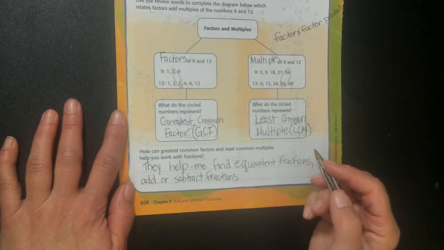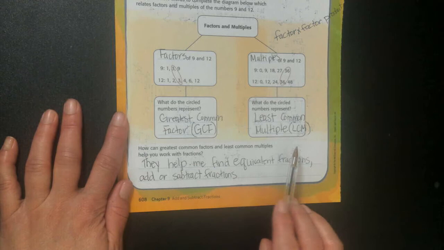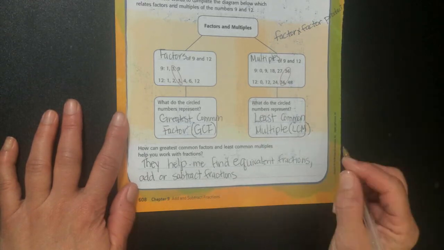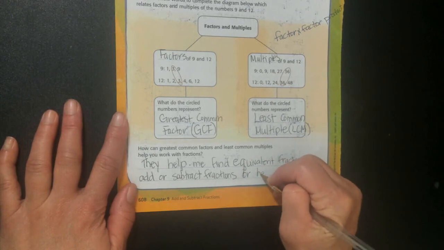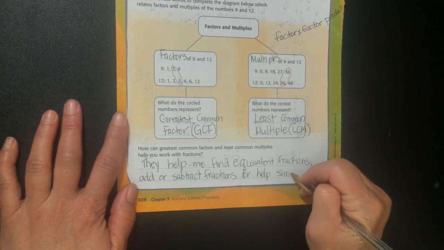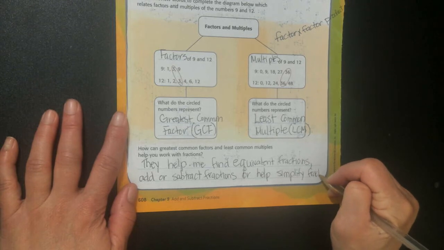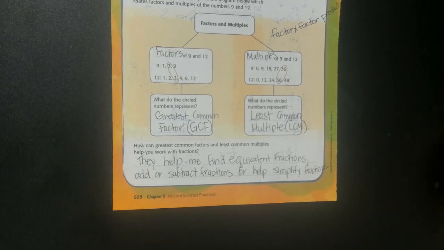So all kinds of things, right? I can do when I know these. I can find equivalent fractions. It helps me add and subtract fractions. It helps me simplify fractions.